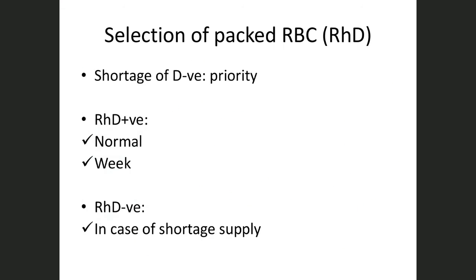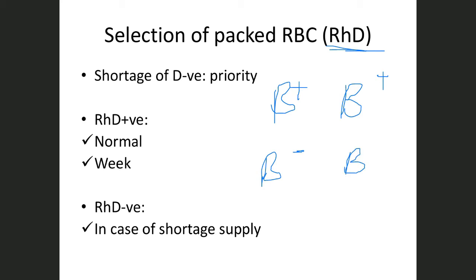So we understand this. Let's talk now about D. Usually, if the patient is B positive, I have to give B positive. If B negative, it should be B negative. What will happen if I give this patient B positive for the first time?